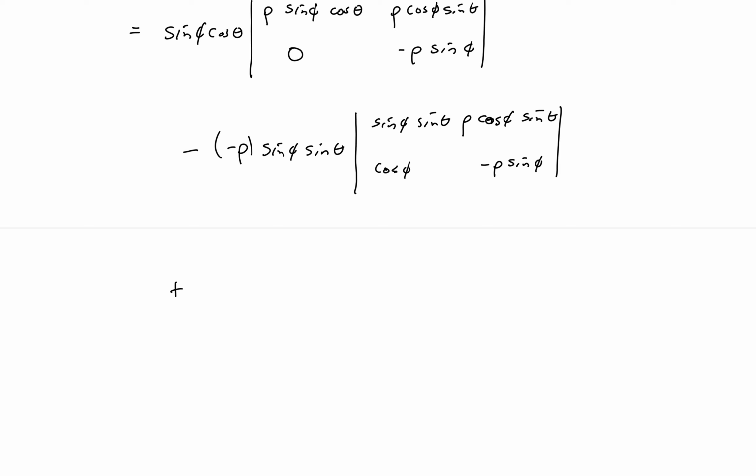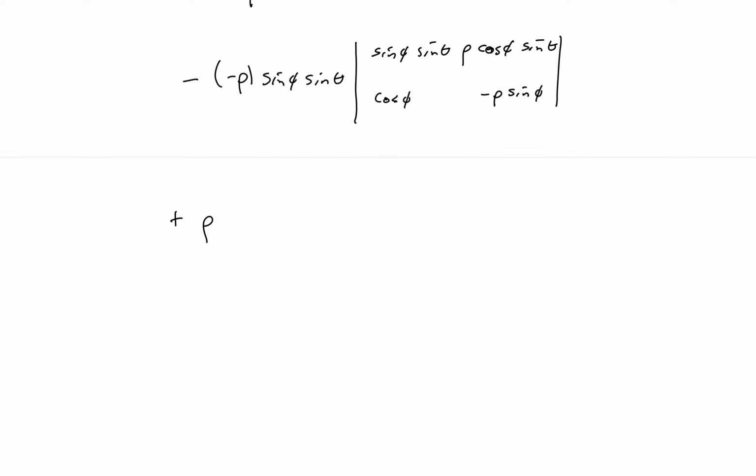And then finally the last term is rho cosine phi cosine theta, and then the determinant left over is sine phi sine theta, rho sine phi cosine theta, cosine phi, and 0. And now we have to take all those 2 by 2 determinants.